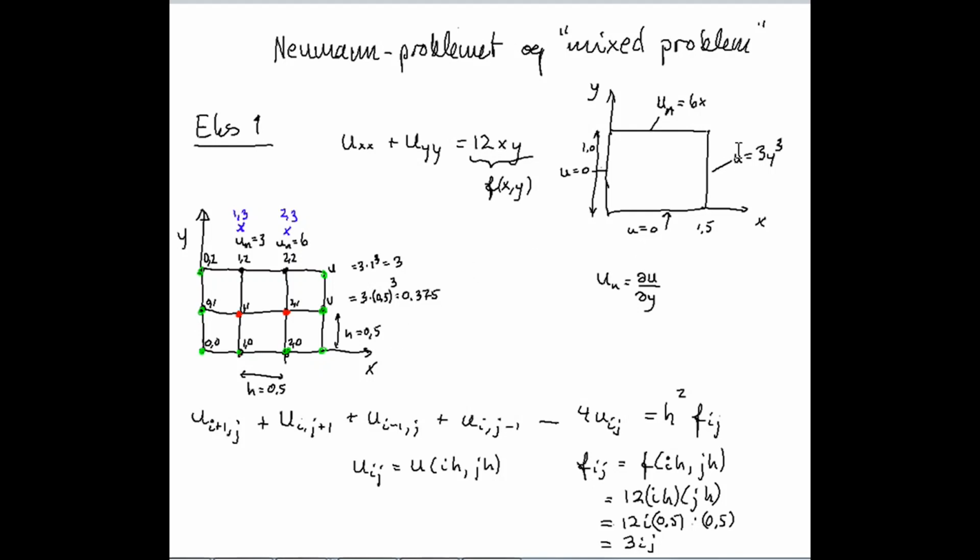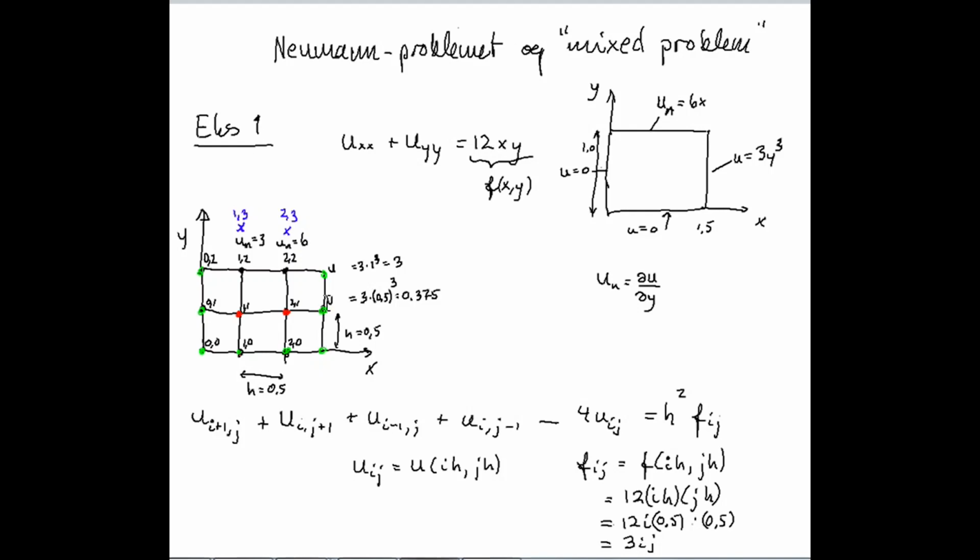Since we know that u is equal to 3 times the cube of y, we are able to compute the values of u in these three green boundary points. Here it is of course 0, because y is 0 at this point.